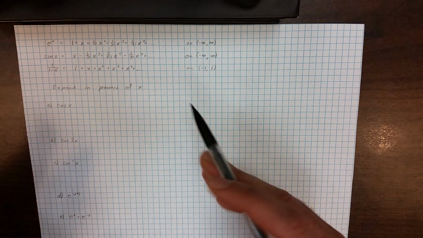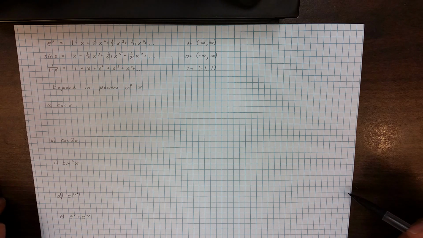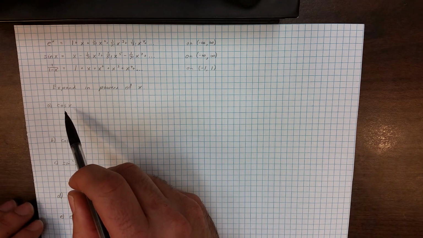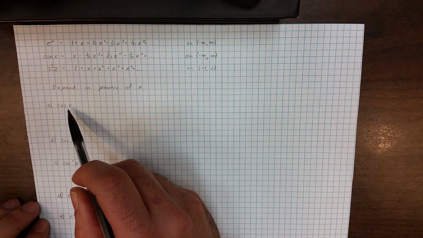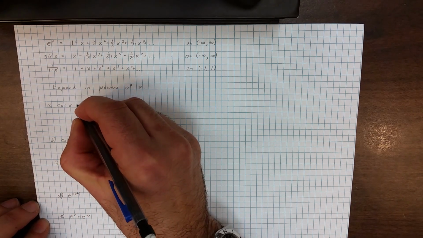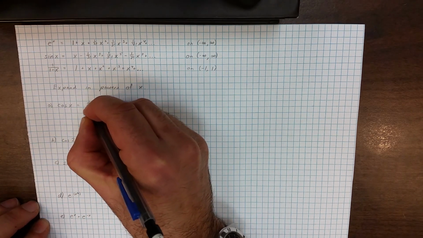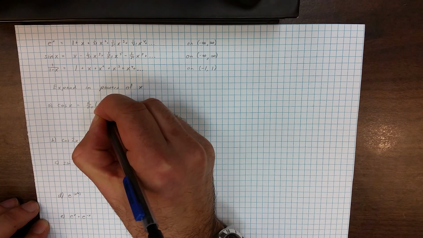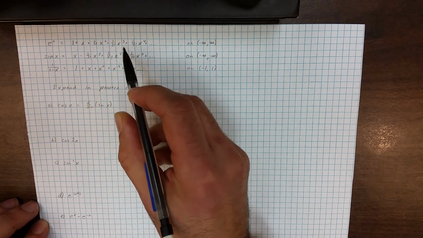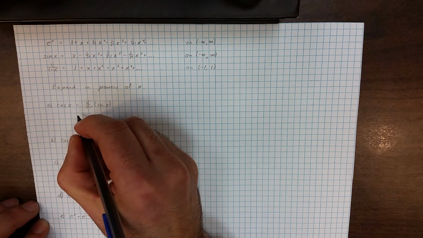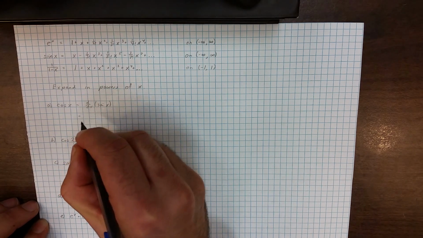Taking those as given, and again, I should emphasize that we need to commit those to memory, let's take a look at the Maclaurin series for cosine of x. We observe that cosine of x is nothing more than the derivative of sine of x. And we know the power series expansion for sine of x around x equals 0.